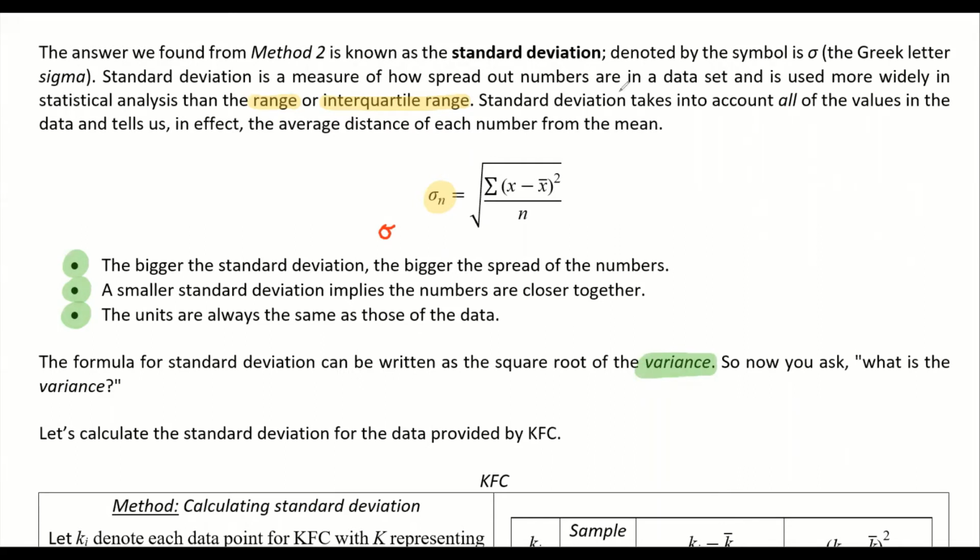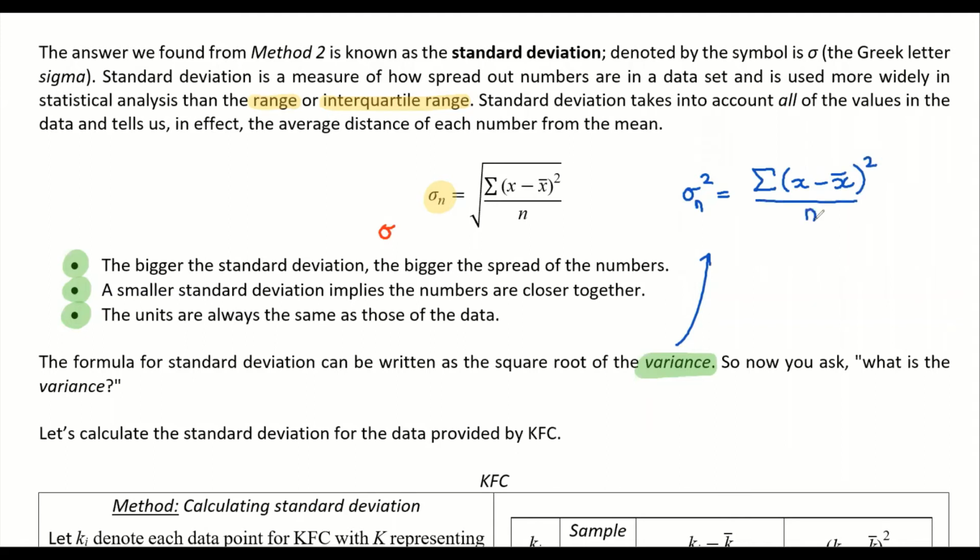So the variance, we just denote that as sigma squared, or sigma n squared, and you would just write it simply as sigma of all the x data, subtract the x bar data, all squared over n, without the square root.